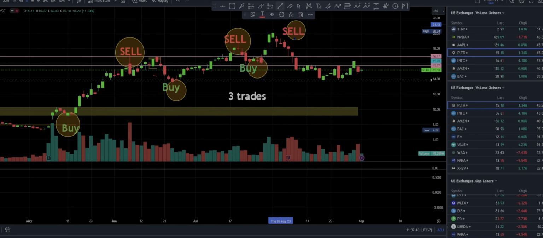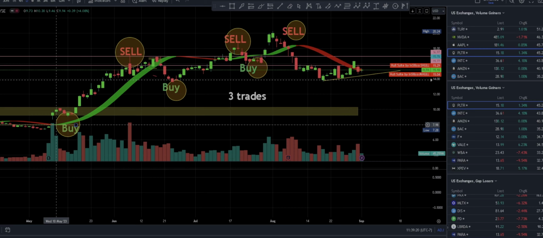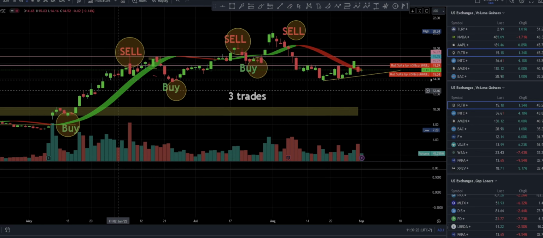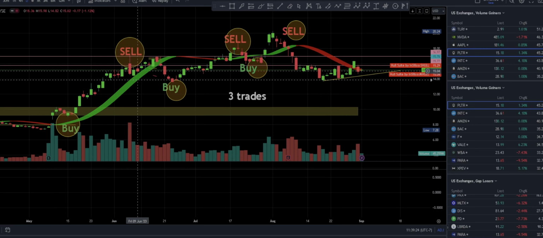So how Hull Suite works is when you see the ribbon turning from red to green and the candle starts forming above the green, that's where you take your position, long or short, and as long as it stays above the green, you're long until you see a candle close below the green. That's very important to know.